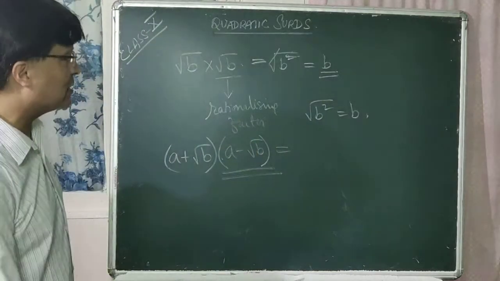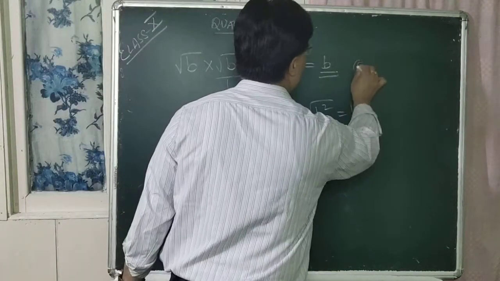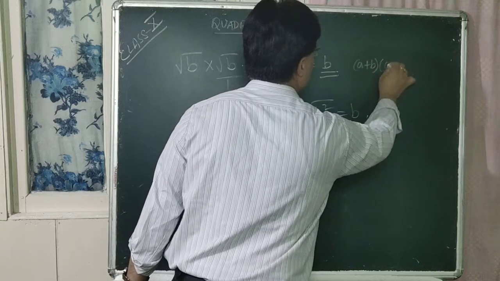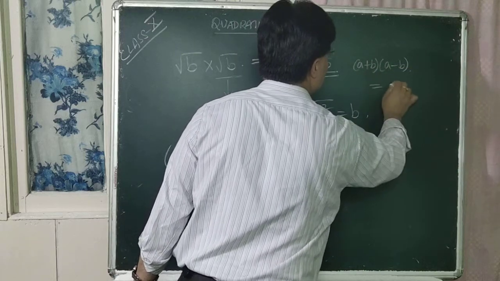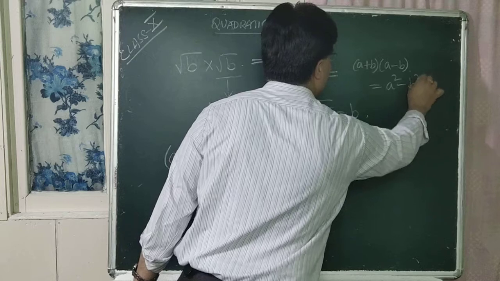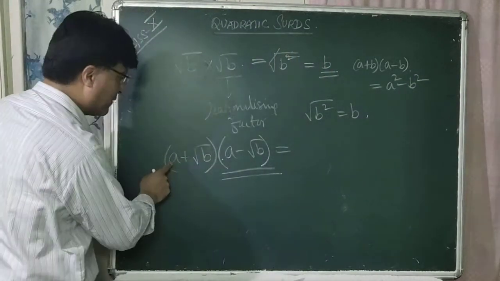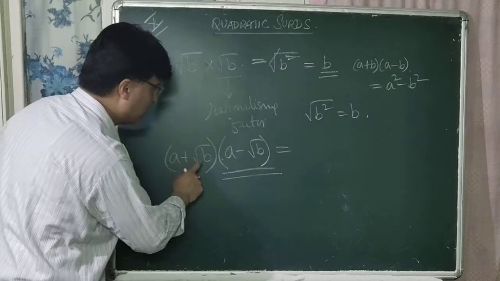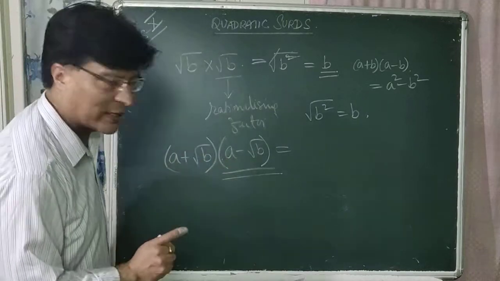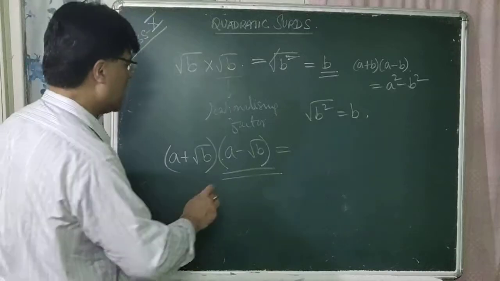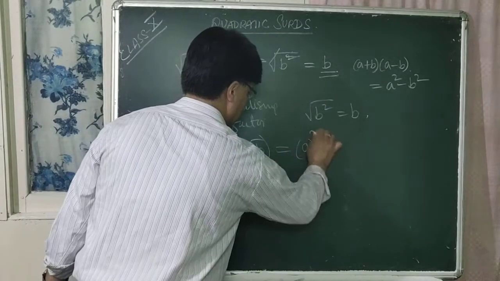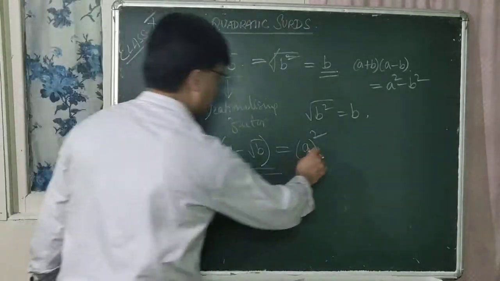You know this formula, isn't it? What is the formula for a plus b into a minus b? It is a square minus b square. In this case, what is the value for a? A. What is the value for b? Root b. So you can use that formula. What is a whole square here? It is a whole square minus.